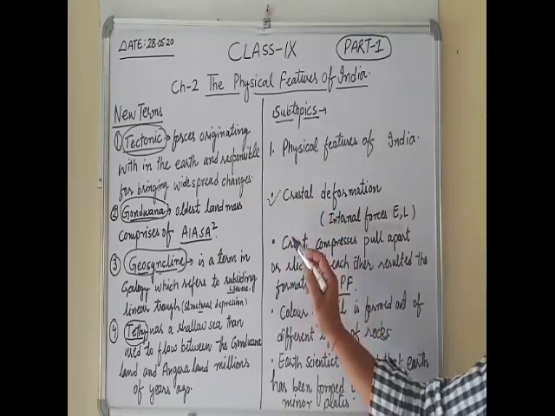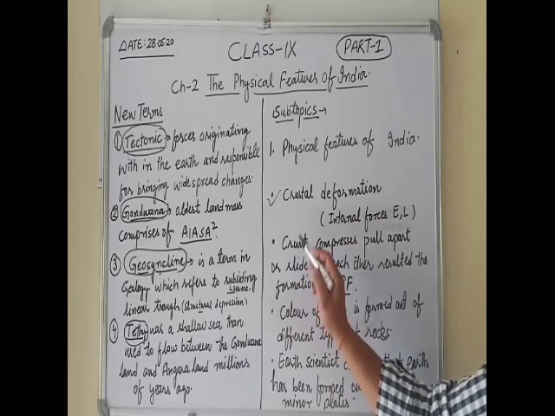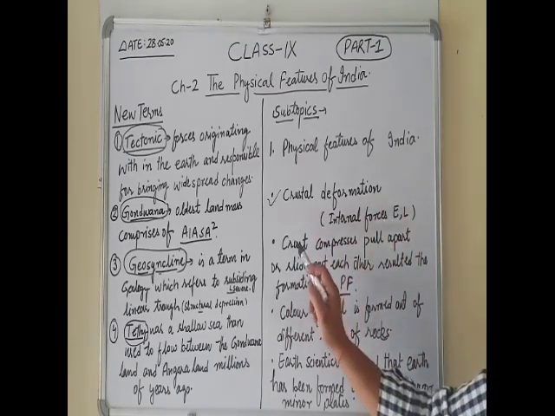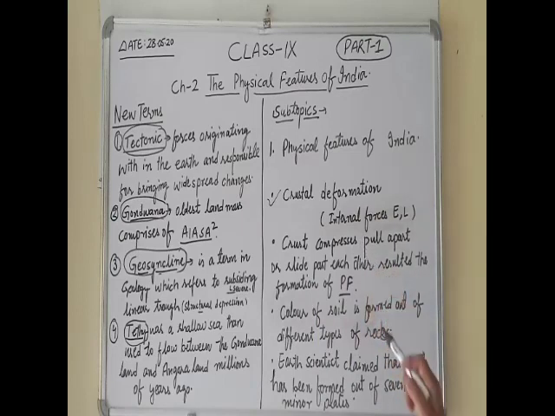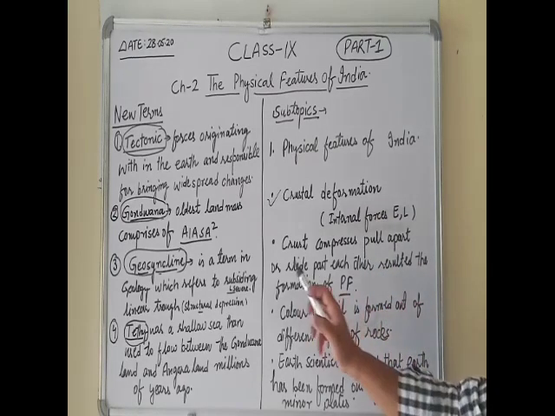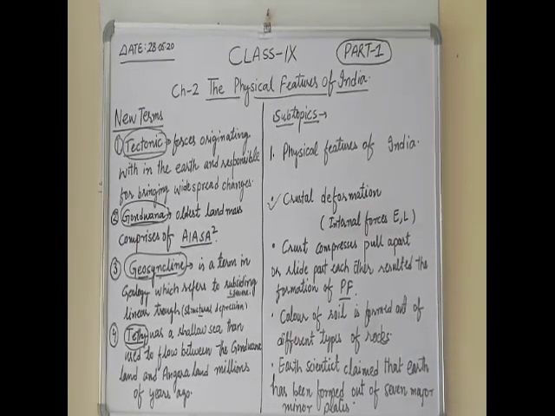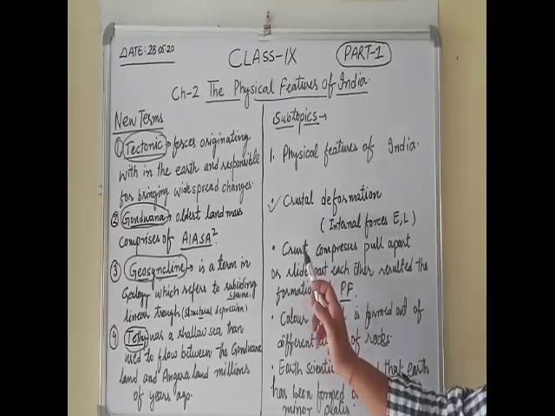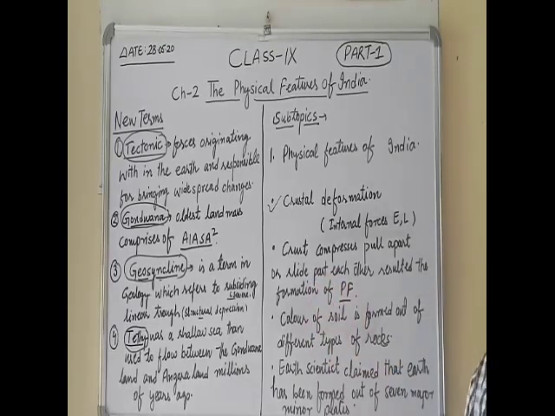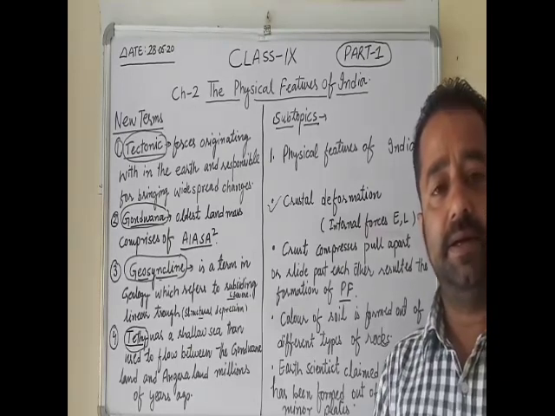Next, they are formed due to crustal deformation, when the crust compresses, pulls apart or slides. The crust means the uppermost layer of the earth.